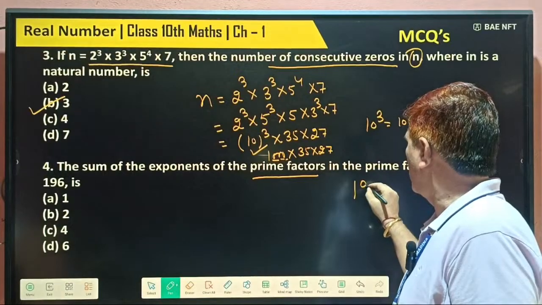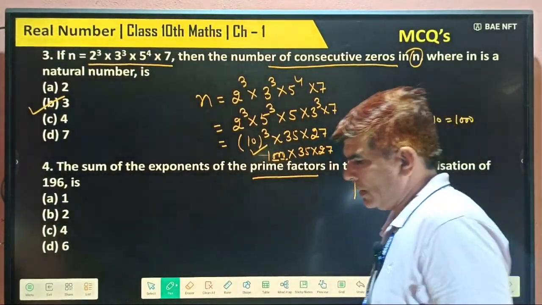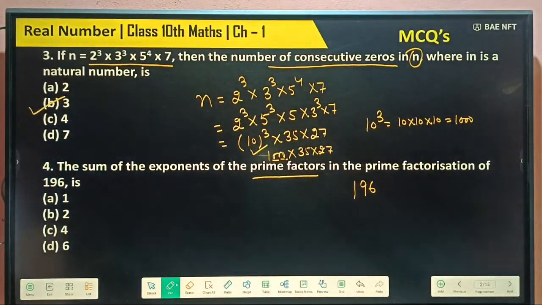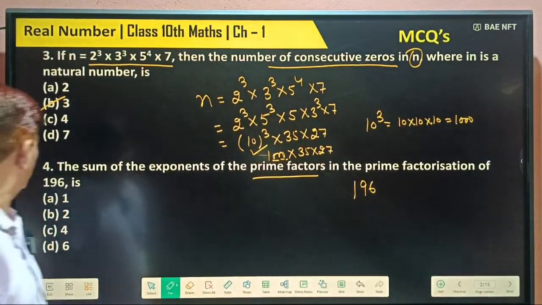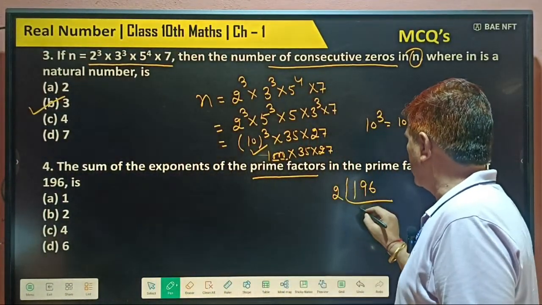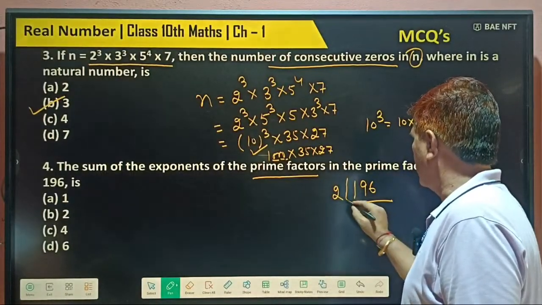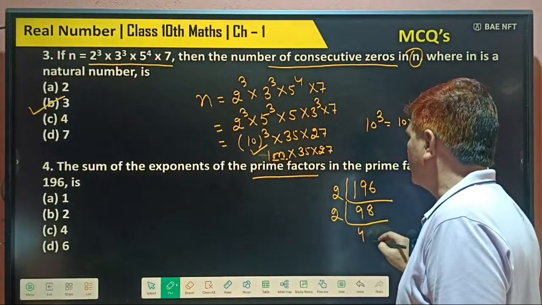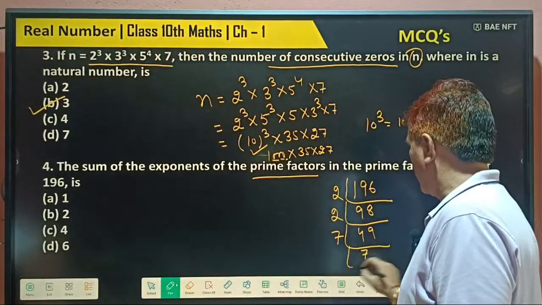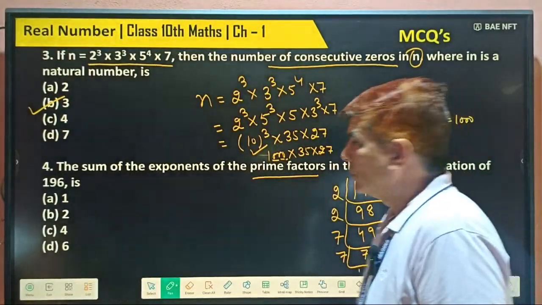So make its factors: divisible by 2, 2 nines are 18, 2 eights are 16, 2 fours are 8, 2 nines are 18. Then 7 sevens are 49, then 7 ones are 7. Got it or not?